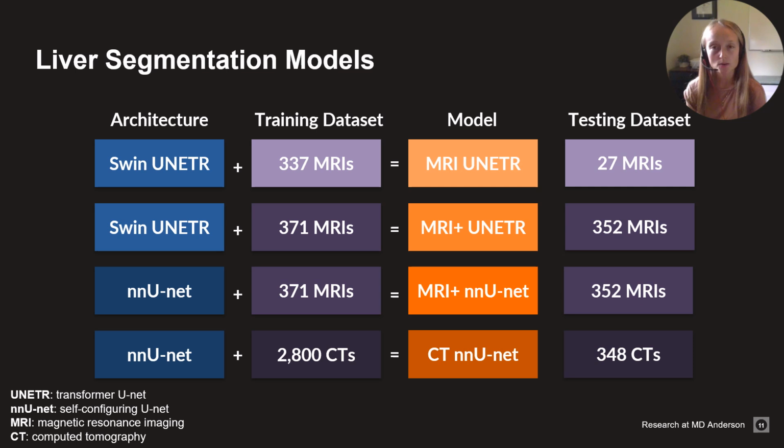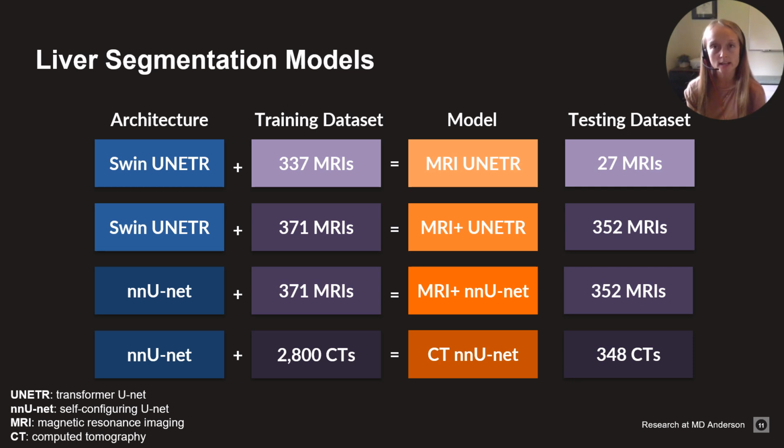These almost 3,000 CTs were taken from MD Anderson Cancer Center, and the models were then tested on almost 350 images from MD Anderson. The MRI models are split into MRI and MRI Plus based off of 2 different data sets. The difference between these data sets is that the MRI Plus is more carefully curated.